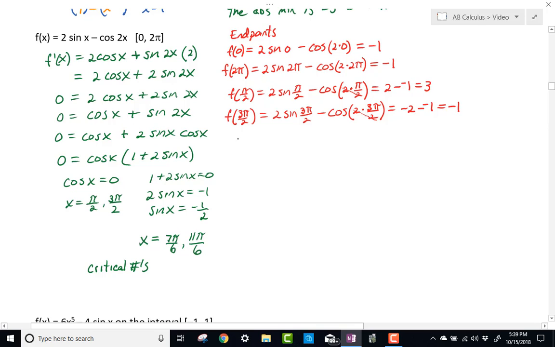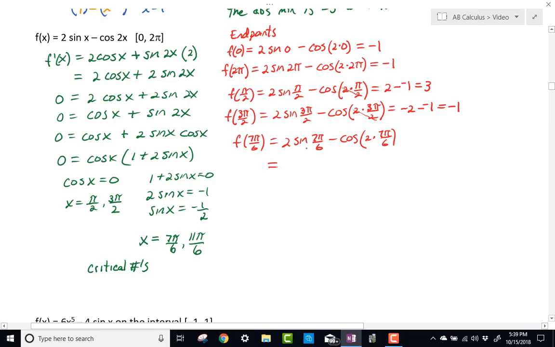All right, 2 left. F of 7 pi over 6. Here we go. We've got 2 sine of 7 pi over 6 minus cosine of 2 times 7 pi over 6. We've got to be careful on this one. I'm going to do some work underneath here because we have a little bit extra to do.